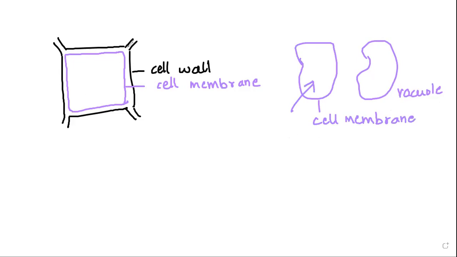But in this case, the cell wall is quite rigid, and only specific particles are allowed to pass to and fro. Before we come back to what the cell wall exactly does, let's go back to the question. Who can tell me what is the function of lysosome?